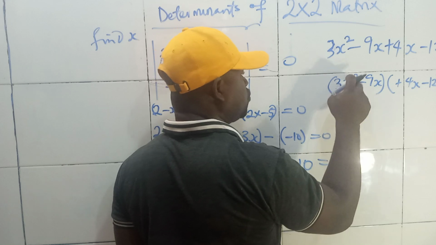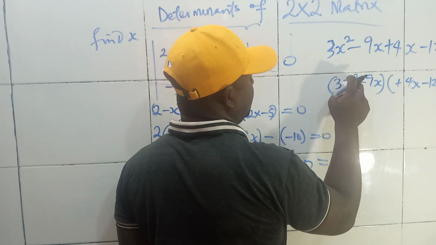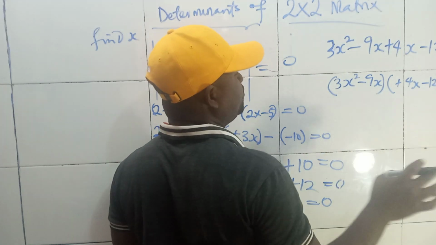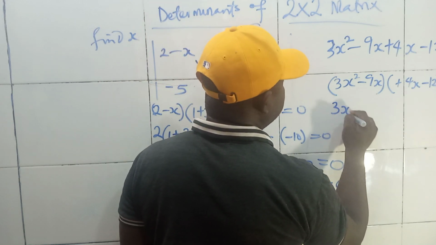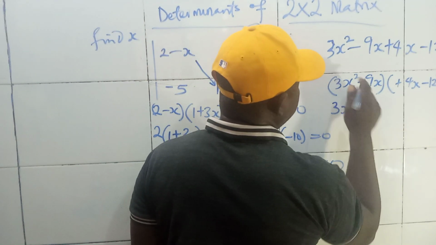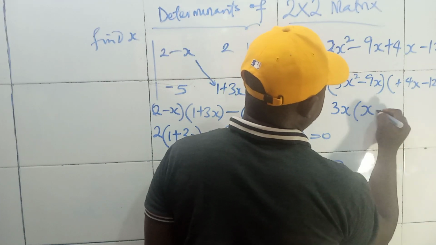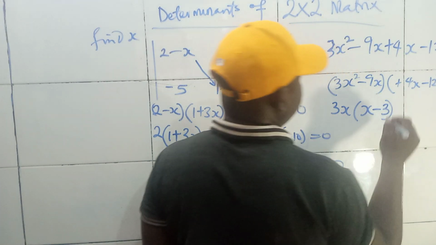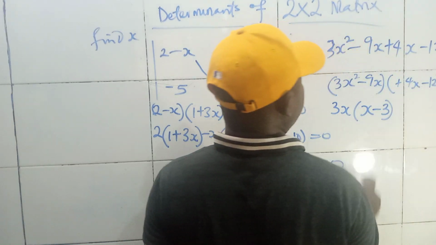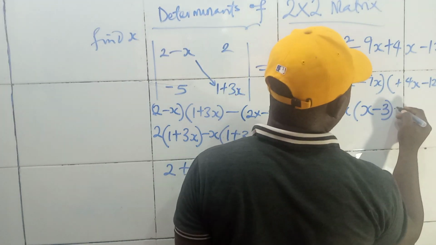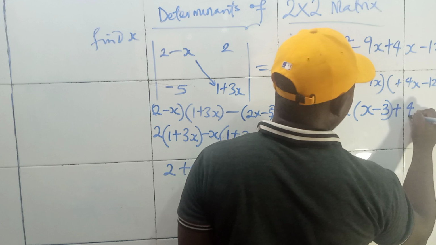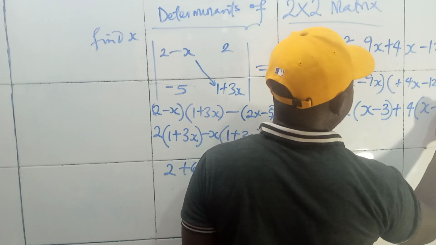So you now think of a number. What can go in 3x squared? And also can go in 9x. Very simple. 3x can go. So you have 3x into bracket x minus 3. So what can go in these two? 4 can go. So plus 4 into bracket x minus 3.